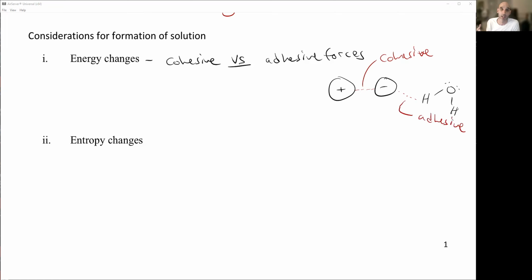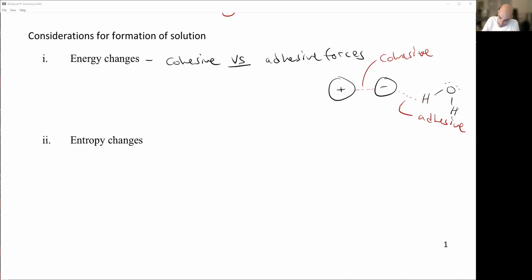The problem here is that salt, technically from an energy standpoint, should not dissolve because the cohesive forces are very strong. Ionic bonds are much stronger than the adhesive forces. So we would think that this would win and the salt would stay together and the water wouldn't be able to pull it into solution.